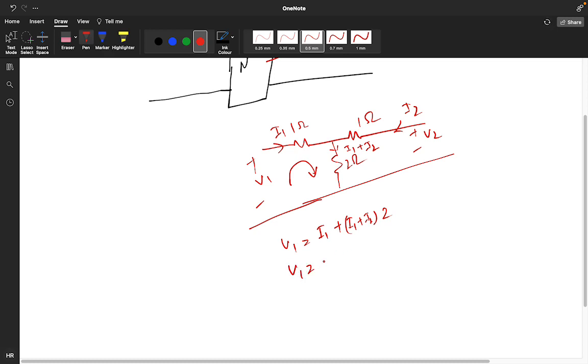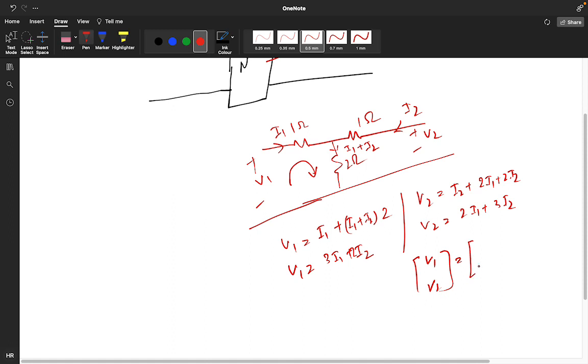So V1 equals 3I1 plus 2I2, and V2 equals I2 plus 2I1 plus 2I2. So V2 equals 2I1 plus 3I2. So what you are getting is V1, V2 equals the matrix 3 2, 2 3 times I1, I2. But this is the Z parameter.